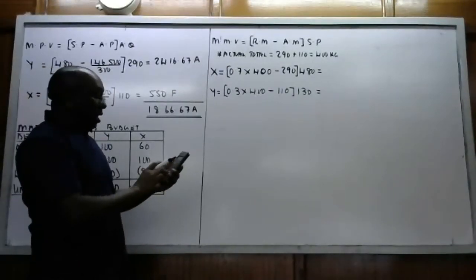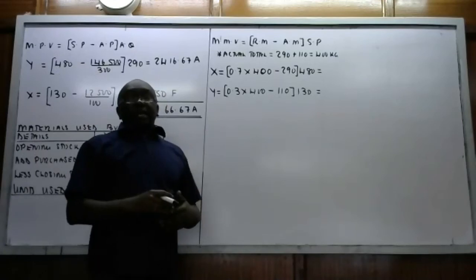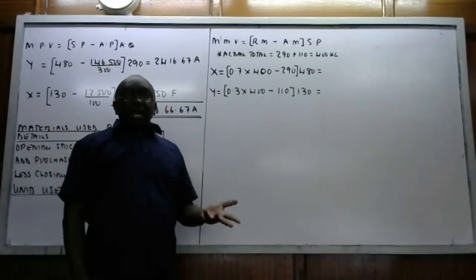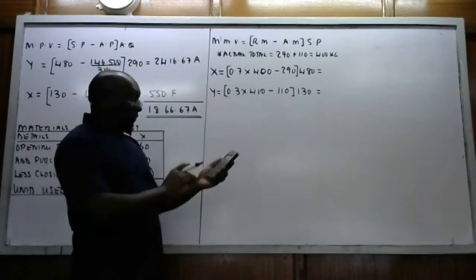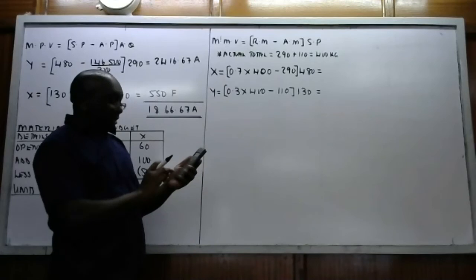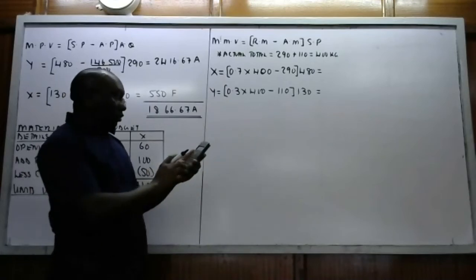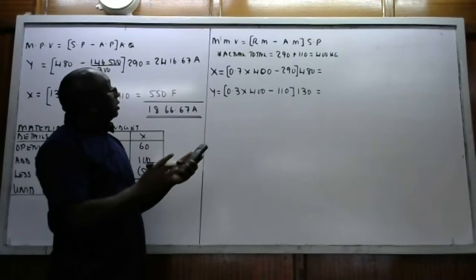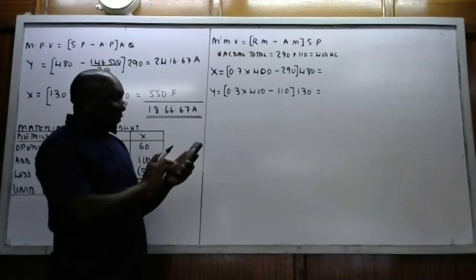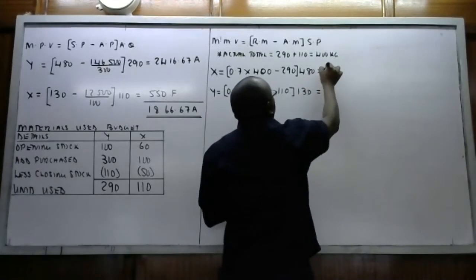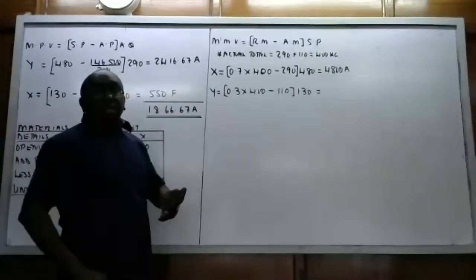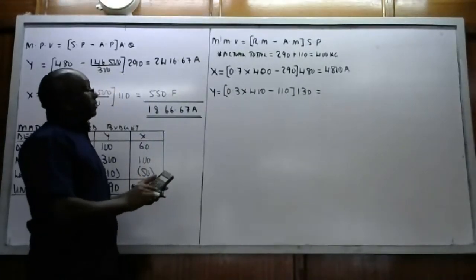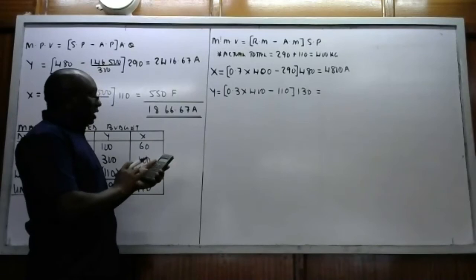So for the mix variance, we are simply checking if our plan was maintained, how many units you should have got. It should have brought 0.7 times 400, which is 280, but we used 290, so minus 290. We used too much. Times 480, this is 4,800, which is adverse. Then 0.3 times 400 minus 110.